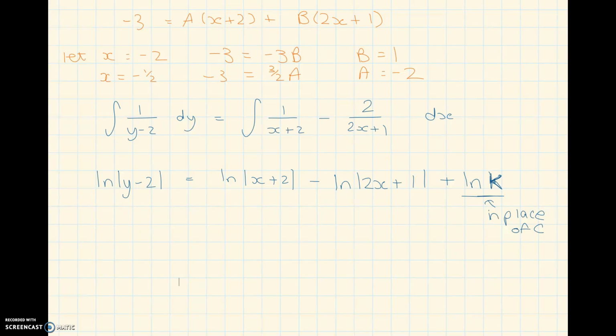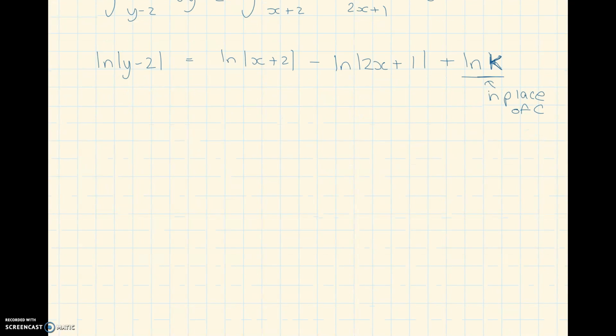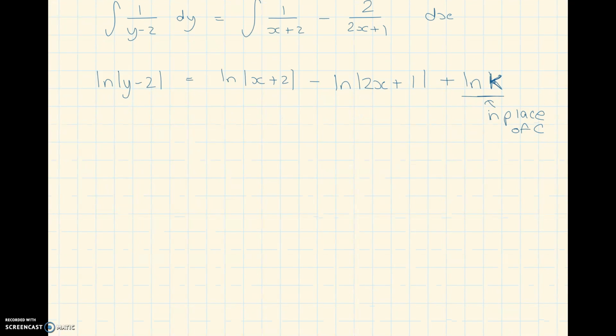So if we have a look at how we could combine those, we're still going to have log of y minus 2 on that side. And on this side, using our log rules, plussing means we multiply, and minus means we divide.